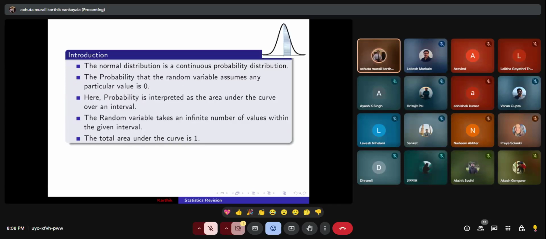So your normal distribution looks something like this. It is also called a bell curve because it looks like a bell. The area under this entire curve, stretching from negative infinity to positive infinity, is 1, irrespective of the kind of distribution you are looking at.